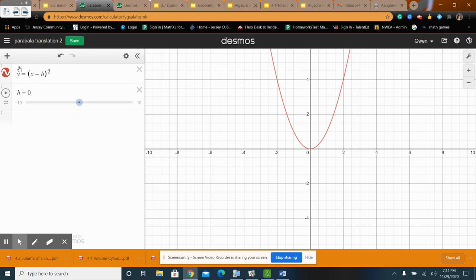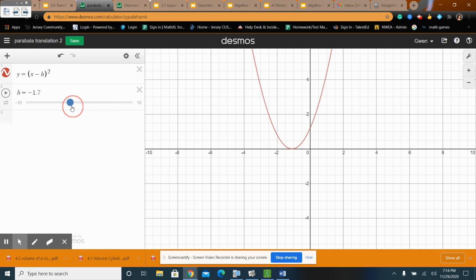Okay, here's y equals (x minus 0) squared. So this is y equals x squared. What happens if you go to 1, (x minus 1) squared? Well, it looks like it went to the right 1. Looks like here I went to the right 4.